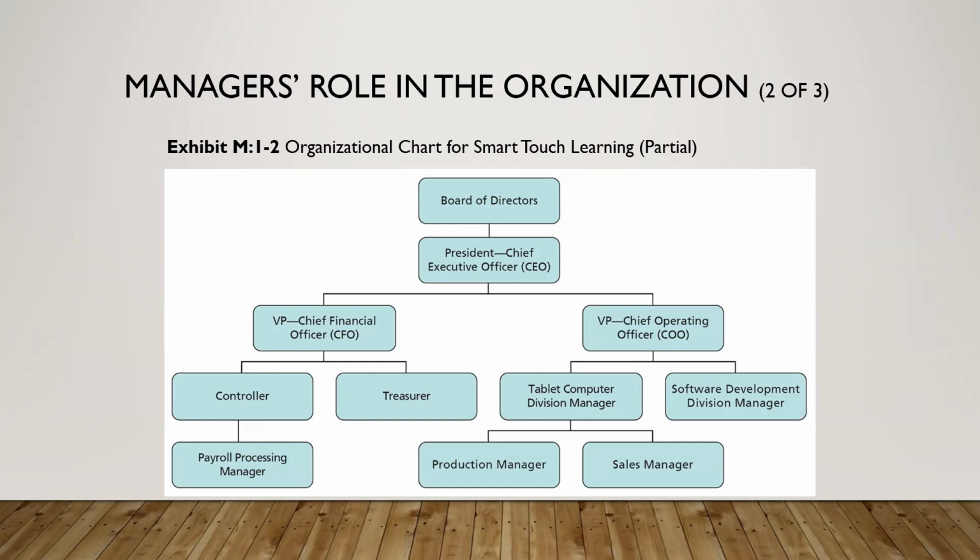Smart Touch Learning began operations as a service company where they specialize in providing online courses in accounting, economics, marketing, and management. The company later evolved into a merchandising company, selling tablet computers that are preloaded with its e-learning software programs.